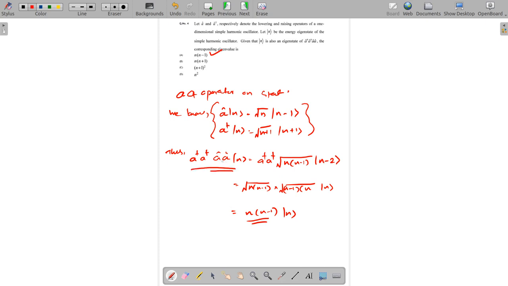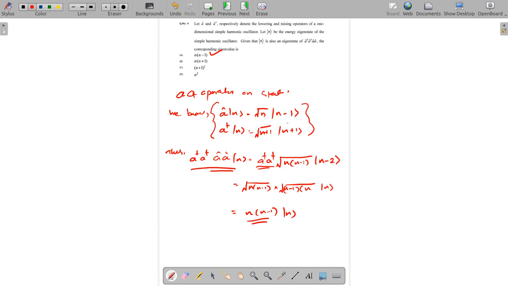First, if you act the first A on ket n, it will take it one down. So you get root n ket n minus 1, and if you act another A on the same state, you will get root n times root of n minus 1 and the state ket n minus 2. Now you have to act A dagger on the n minus 2, which will take you back to ket n.